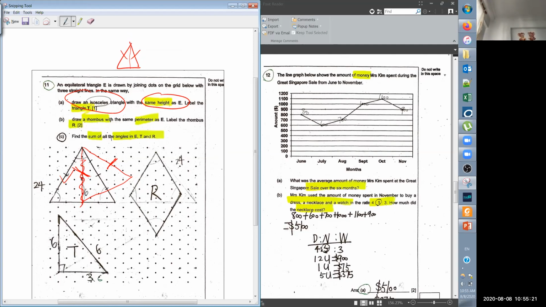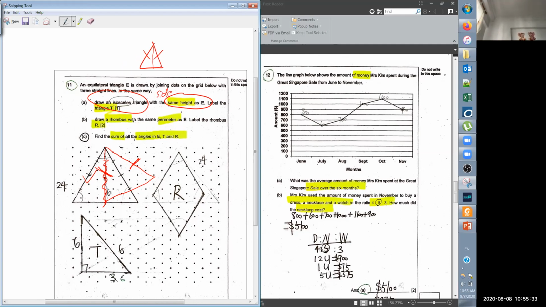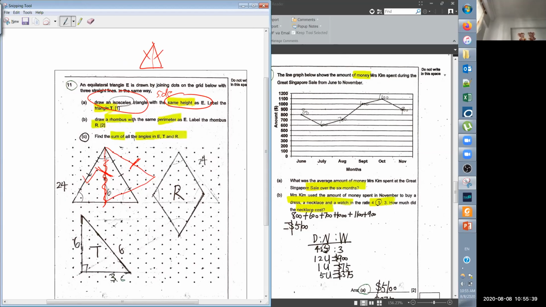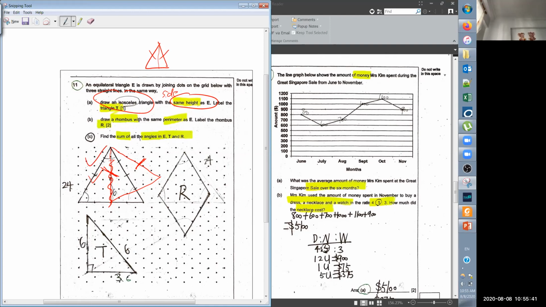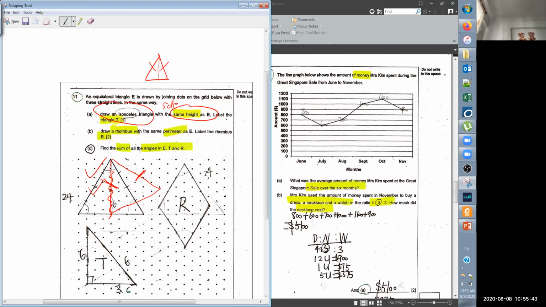But my earlier thinking was, you draw an isosceles triangle where the side is the same height as E, meaning the side must be the same as E. So the question is worded in a way that is easy to misunderstand. But anyway, yours is correct based on your understanding.